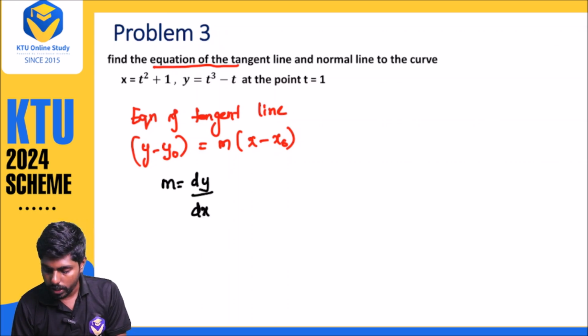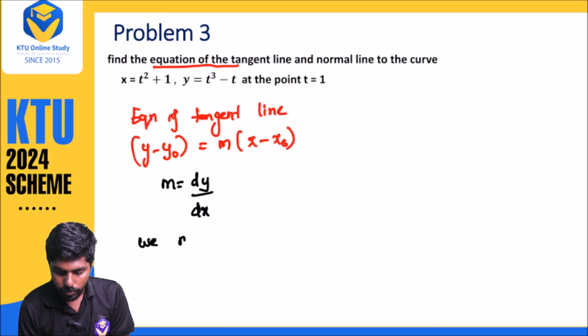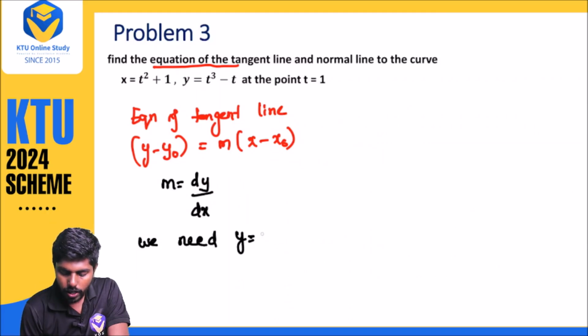For finding dy by dx, what do we need? We need the y value. You just see what value they have given: y is equal to t cube minus t.